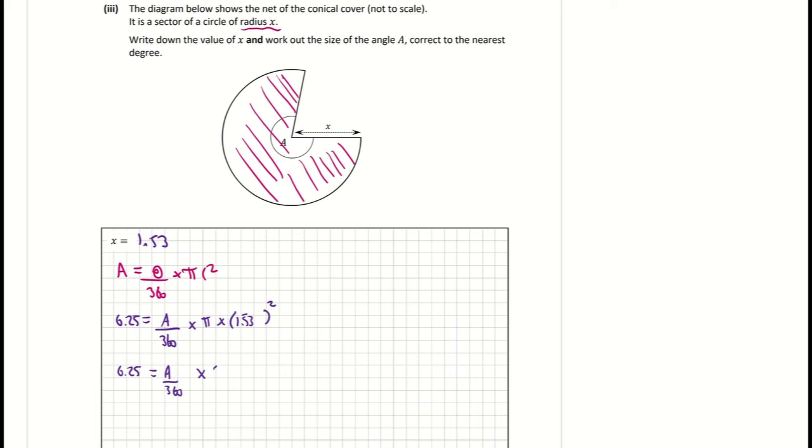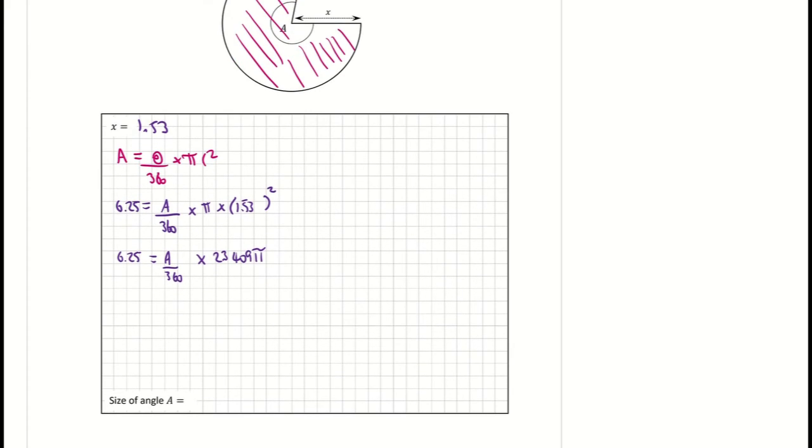times 2.3409 pi. Before I cross multiply, I might just put this over 1 and multiply these two fractions, top by top, bottom by bottom. So I get 6.25 equals 2.3409 pi A over 1 multiplied by 360.